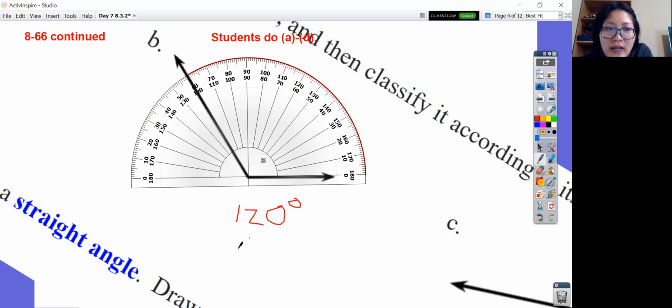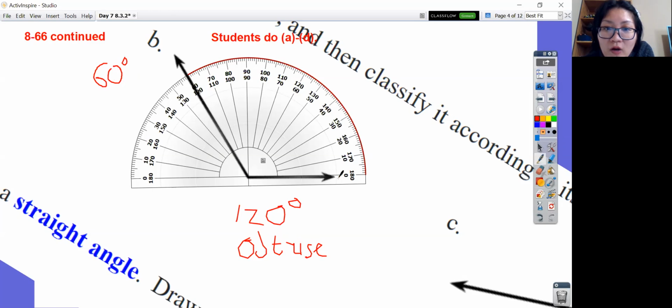It is an obtuse angle. Some students told me before, wait a minute, it should be 60 degrees. It should not be 120 degrees. Well, if you think it's 60 degrees, it has to be an acute angle and it has to be less than 90 degrees.